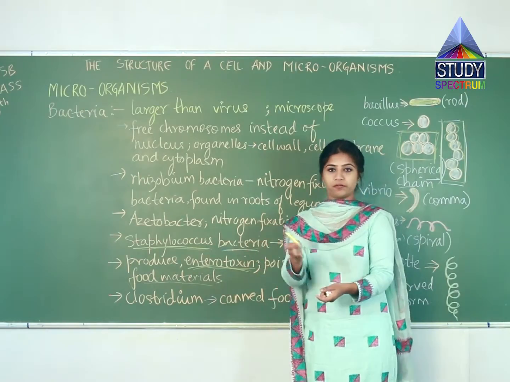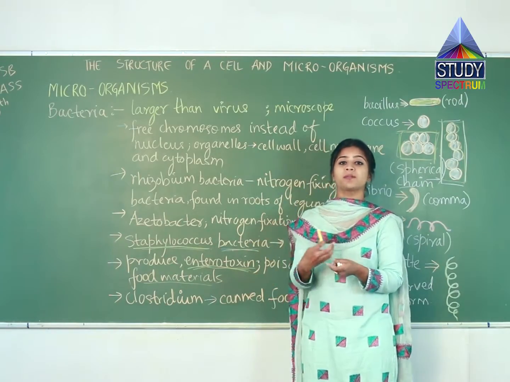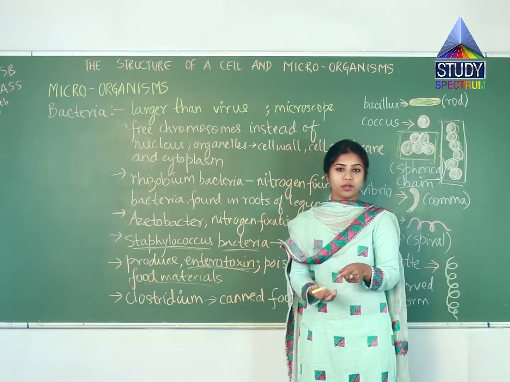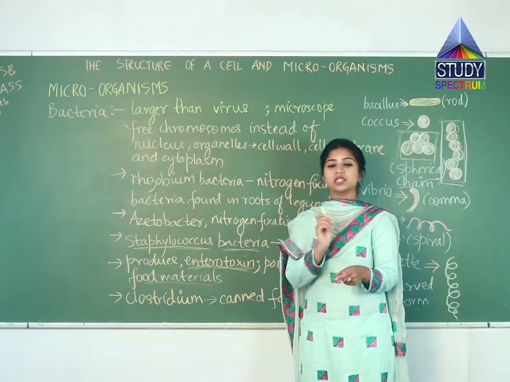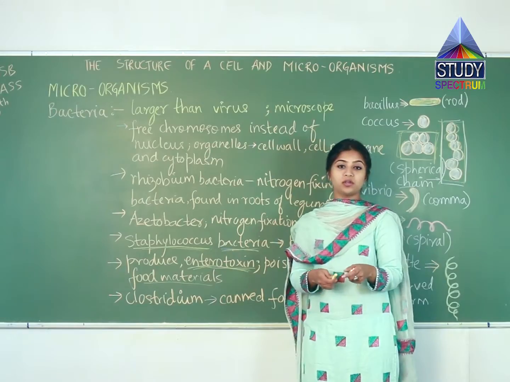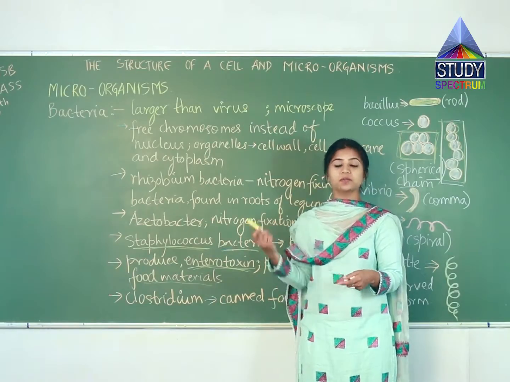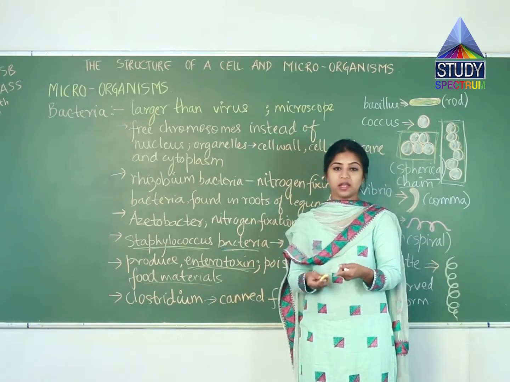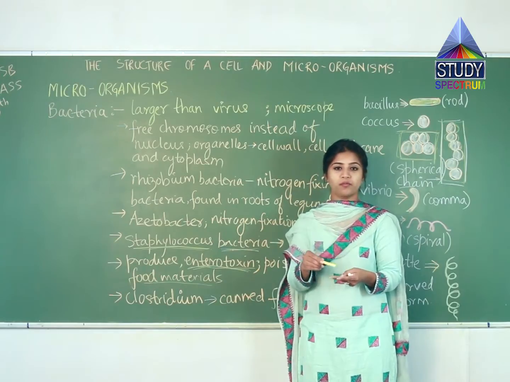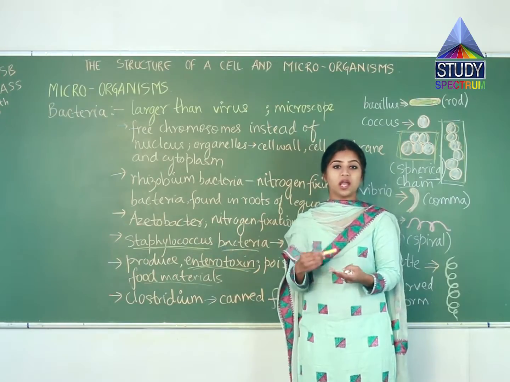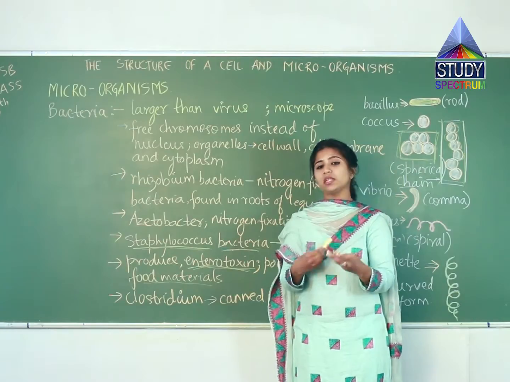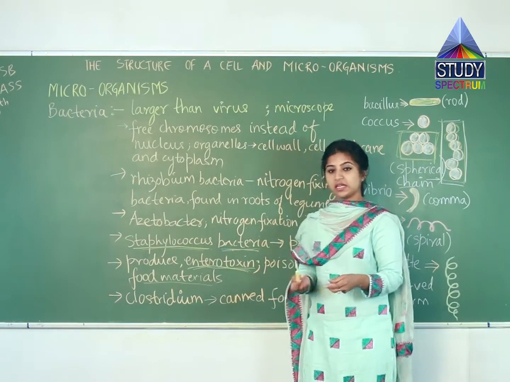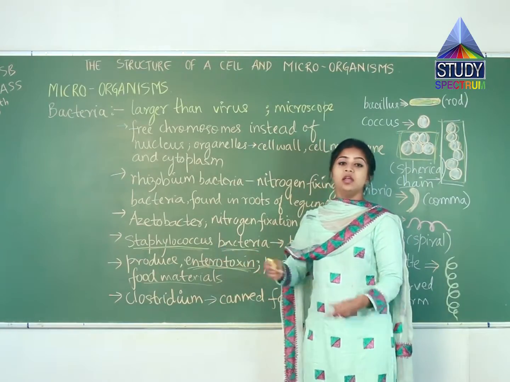And if this infected food is consumed by a healthy human being or a healthy host, it would finally lead to the occurrence of a disease in that host. And that disease would be stomach upsets or food poisoning or diarrhea or vomiting. These are the common outcomes that are basically seen after the infections of bacteria.